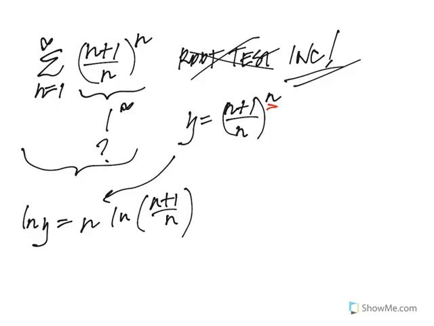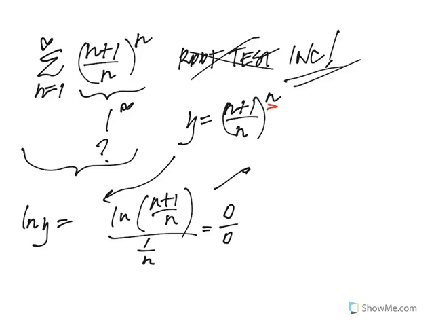Now I'm going to take this n and move it to the bottom. And then I'm going to take the limit as n goes to infinity. Now, that gives me the natural log of 1 on the top, which is 0, all over 1 over huge on the bottom, which is 0, still indeterminate, but now I can L'Hopitalize it.